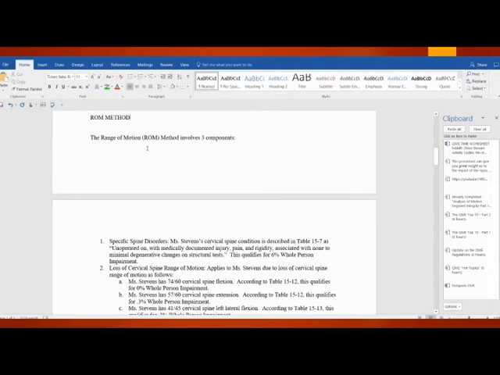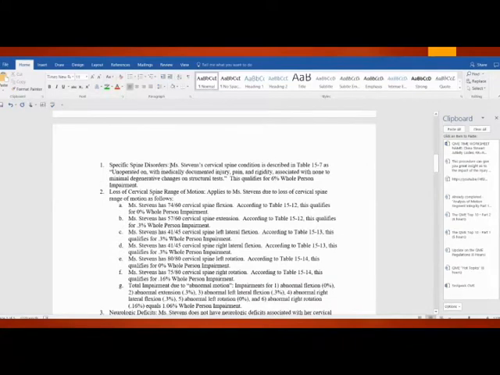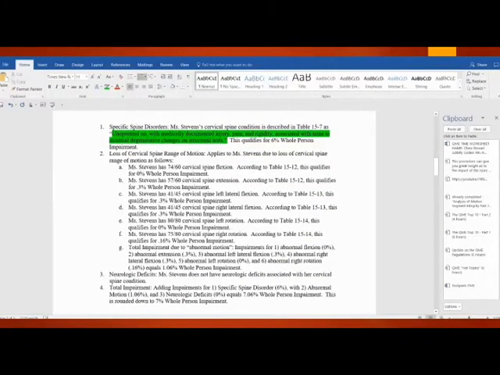I then provided for an impairment rating under the range of motion method, and I described her condition out of Table 15.7 as unoperated on, with medically documented injury, pain, and rigidity associated with none to minimal degenerative changes on structural tests. This qualifies for 6% whole person. And then I did her range of motion analysis. She had some reductions in flexion, minimal reduction in extension, minimal reduction in left lateral, minimal in right lateral.